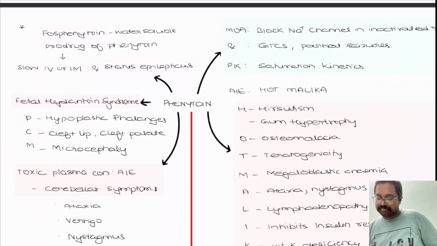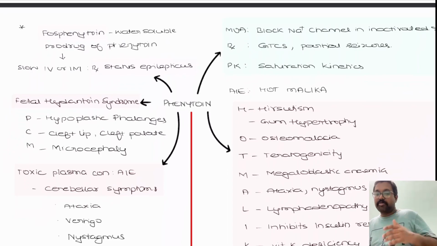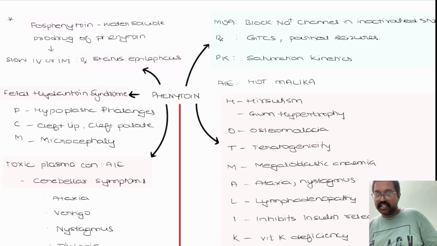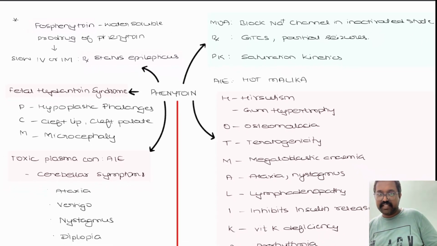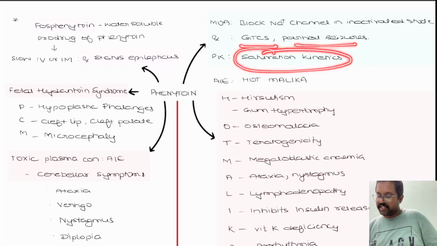Next, coming to phenytoin mechanism of action, side effects, and uses in one chart. Phenytoin mechanism of action is that it blocks the sodium channel in an inactivated state. It is used for GTCS and partial seizures. It follows saturation kinetics. Initially it will have first order, later it gets converted into zero order.